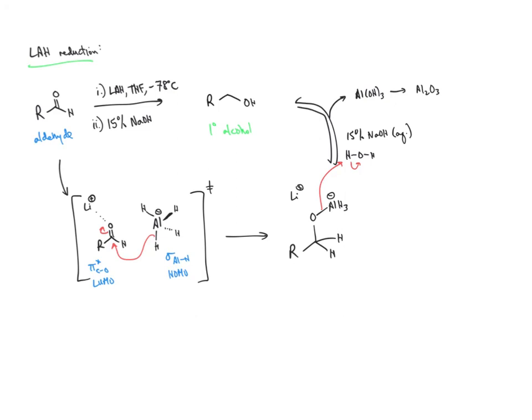Now, one thing we didn't mention yet is the difference between sodium borohydride and lithium aluminum hydride in terms of their reactivity. So let's draw out the following reaction. Let's say we have this benzene derivative, which has a carboxylic acid and an aldehyde. And let's say we react this with excess sodium borohydride in methanol.